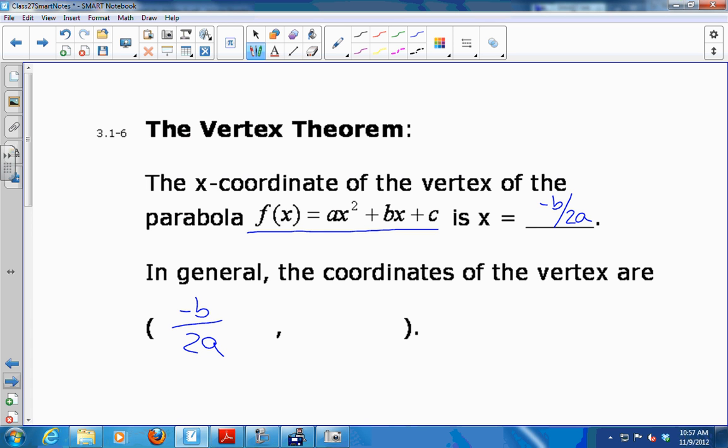Plug it in, yeah. You have the x value, and you have a formula that gives you y values. So we're just going to take this x value and plug it into f to get a y value. So if I knew that x was 2 and I wanted to know what is y when x is 2, I would just plug a 2 in here.